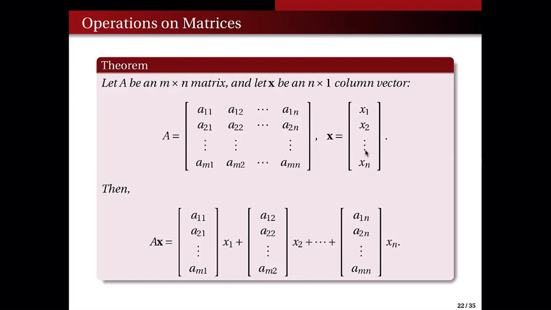Then this matrix product AX is equal to this: the first column of A multiplied to the first entry of X, plus the second column of A multiplied to the second entry of X, plus etc., until the last column of A multiplied to the last entry of X.